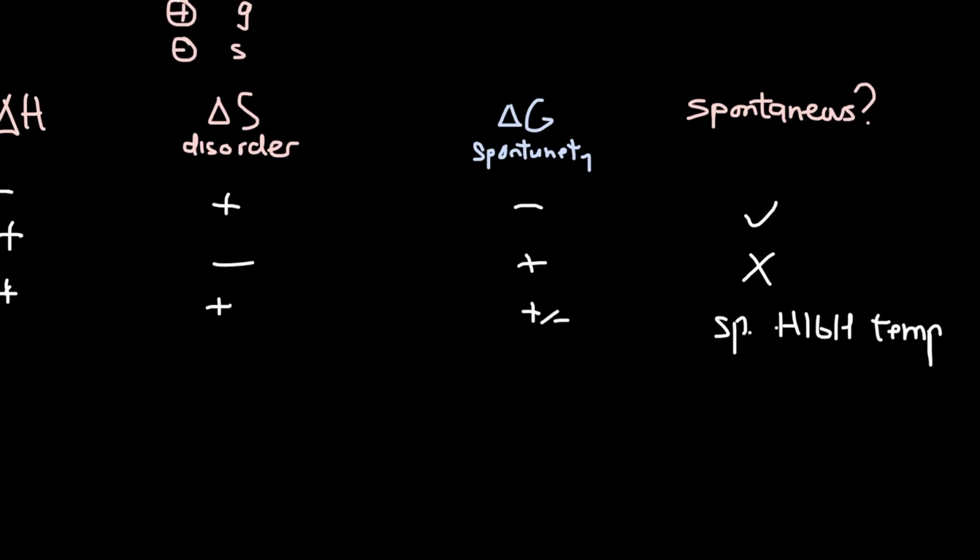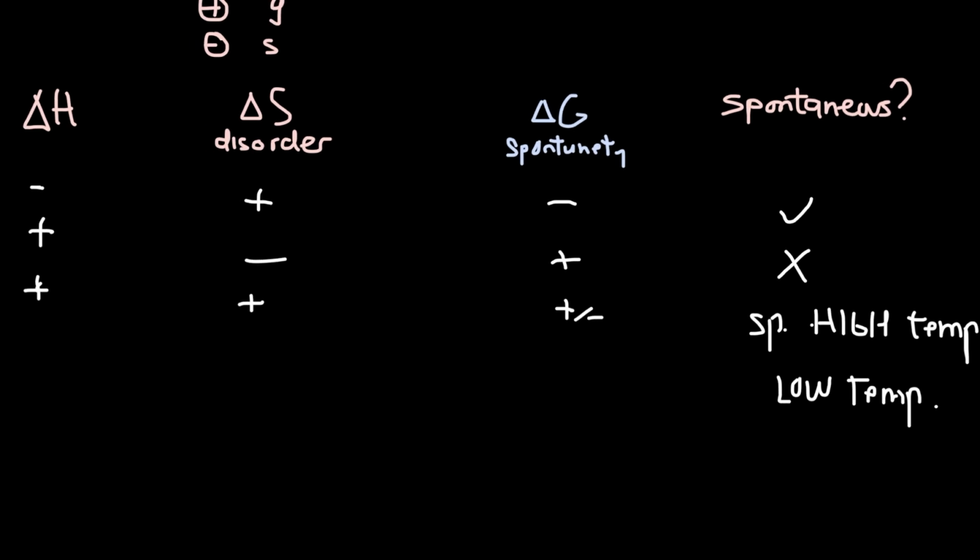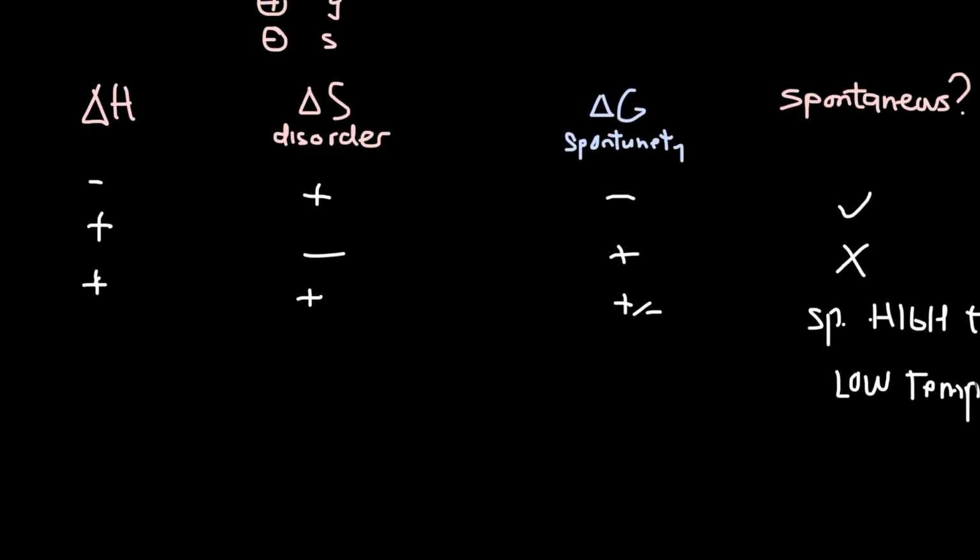Okay, so what about spontaneous at a low temperature? Some reactions only happen at low temperatures, so that must mean this is exothermic, because endothermic is adding temperature, exothermic is removing the temperature.